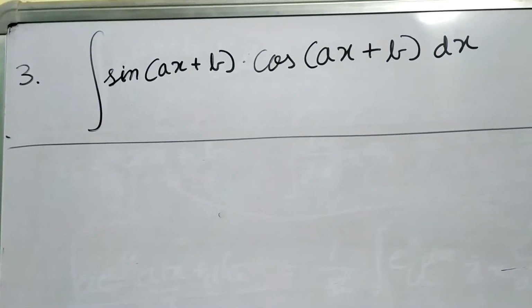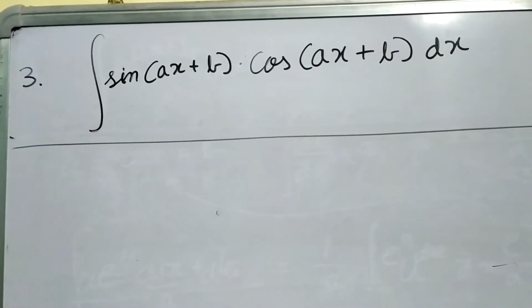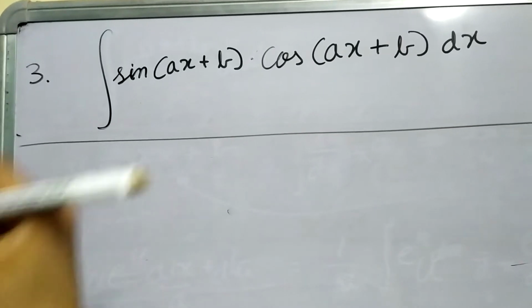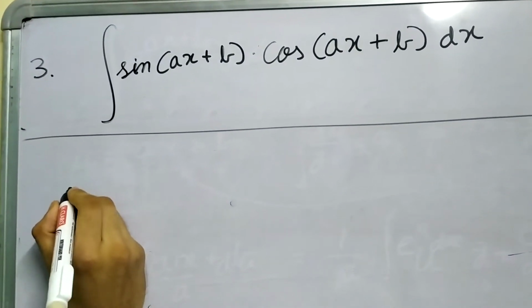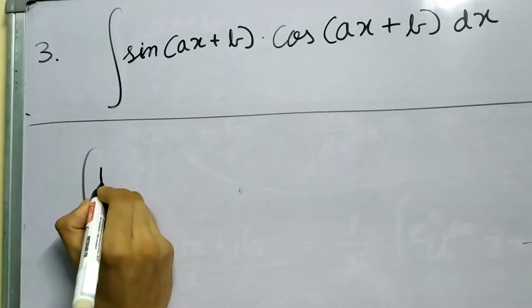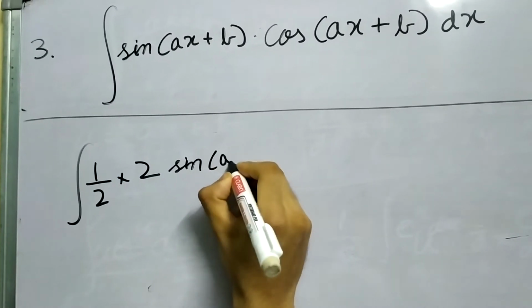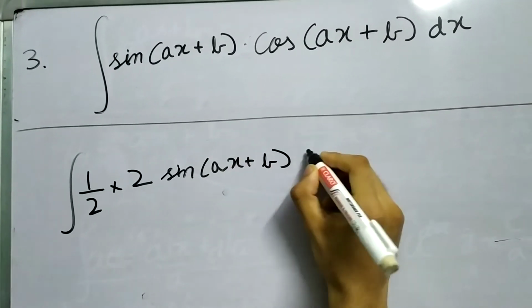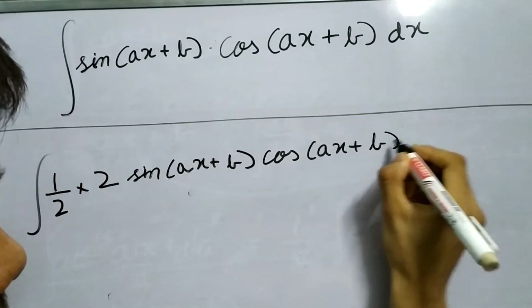Now here's a trick. Whenever you see sine and cos together, you can use your trigonometric identities. So what we'll be doing here is multiplying and dividing by 2. You will see in a minute why. So what we are doing is integral 1 by 2 times 2 sine ax plus b cos ax plus b dx.